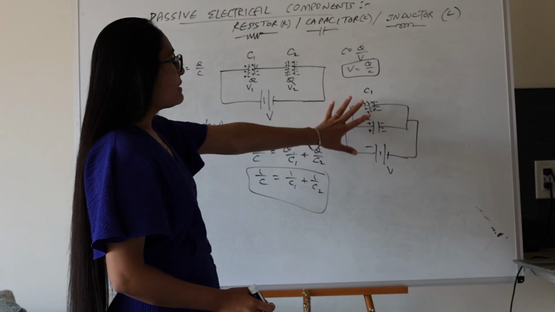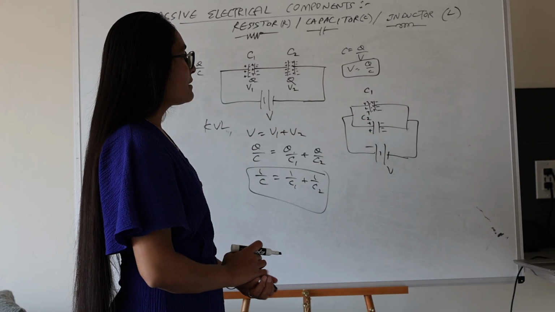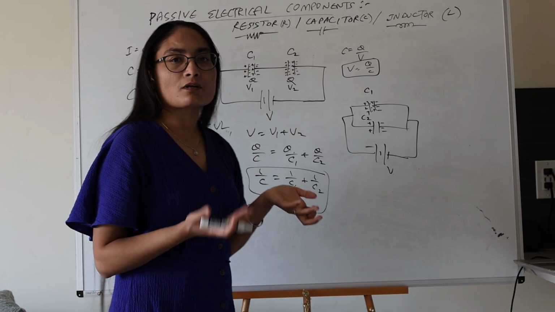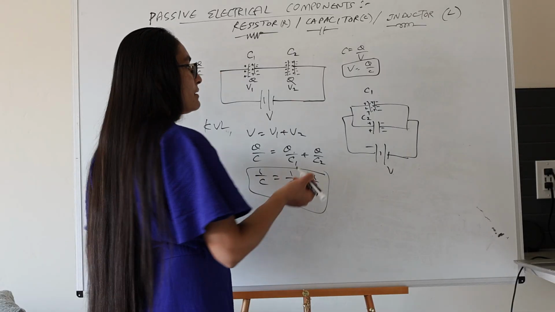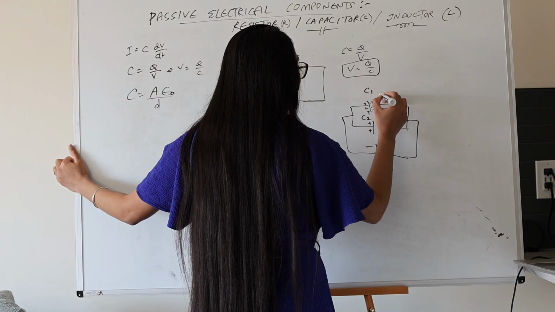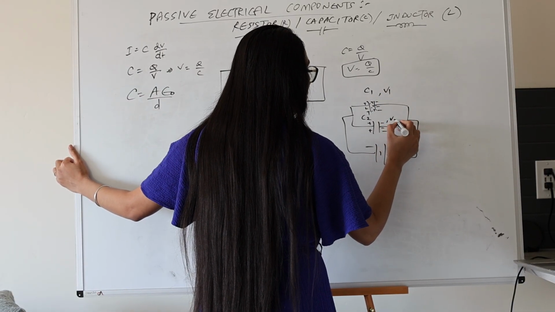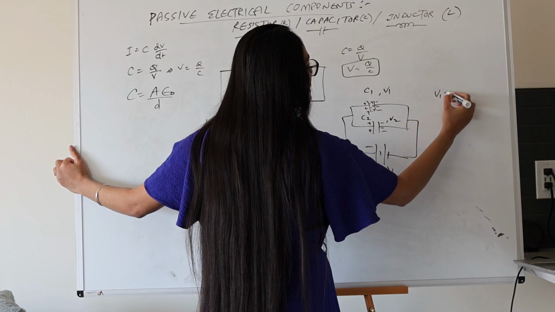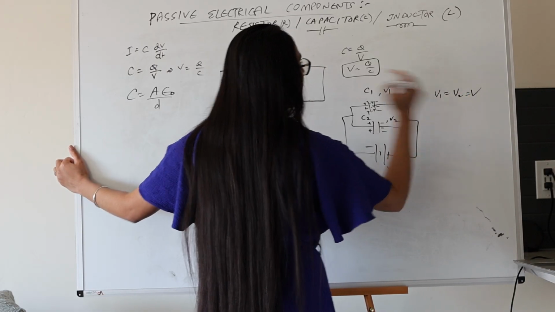In this case, when the capacitors are connected in parallel, the voltage drop across them is the same, similar to how we have it in the resistors. So V1 is equal to V2 is equal to V.